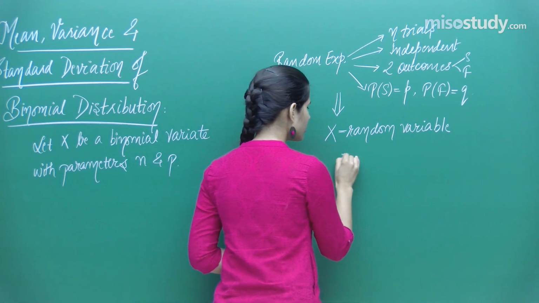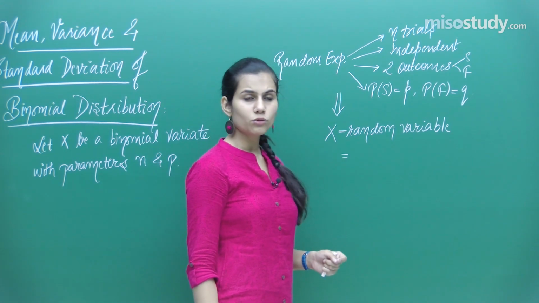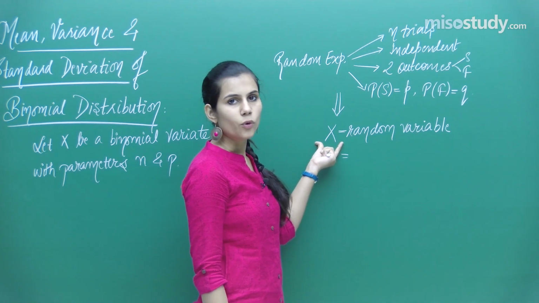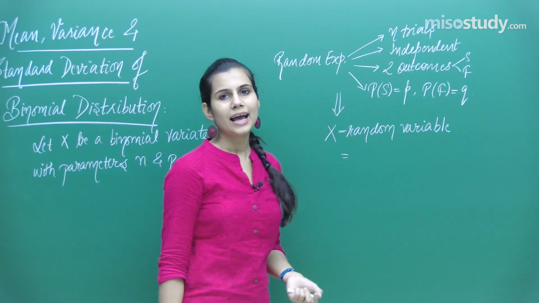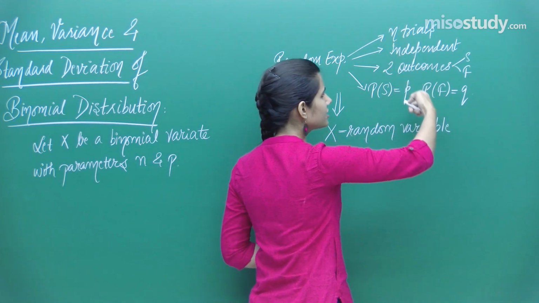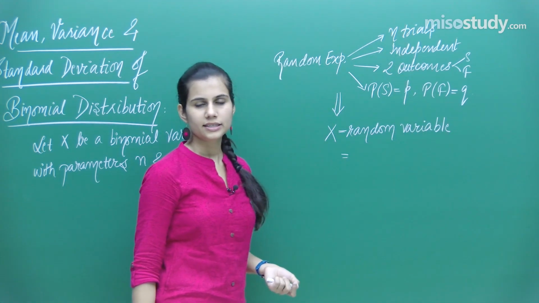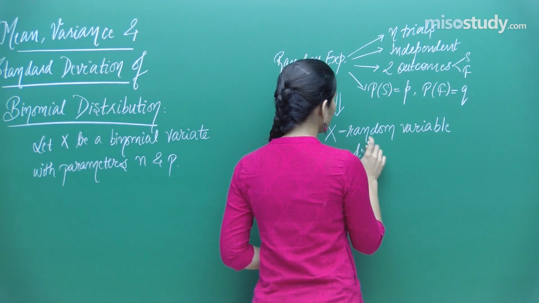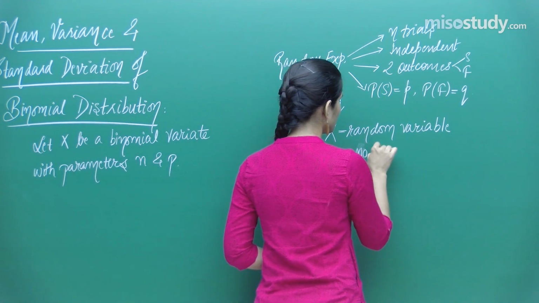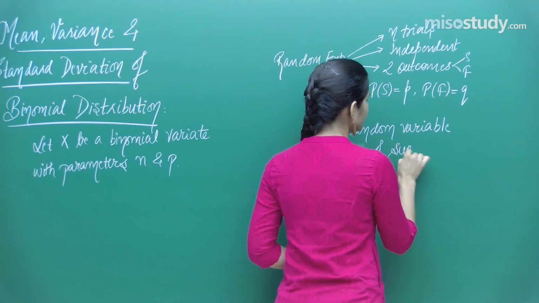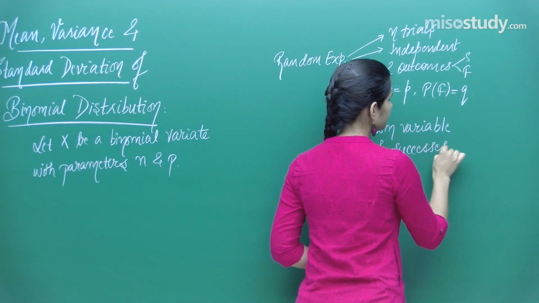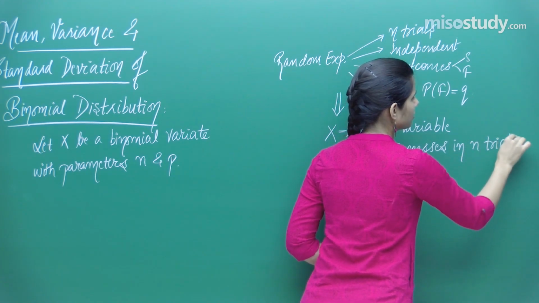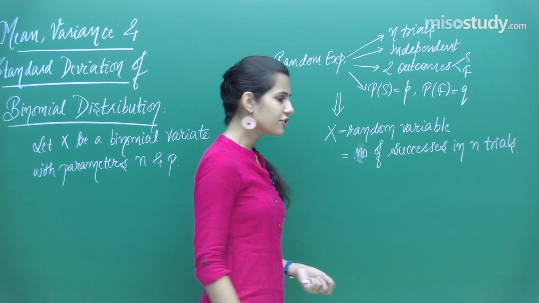And what is this denoting? There is only one definition of this random variable which exists for such an experiment, which has all these characteristics. And what is the definition of that random variable? X is always going to stand for the number of successes in N trials.